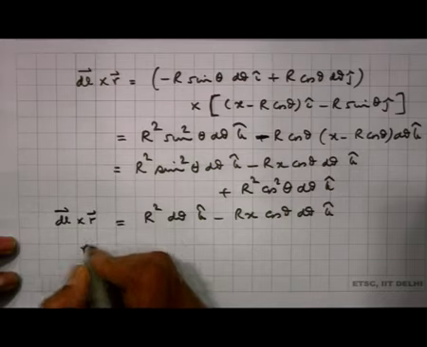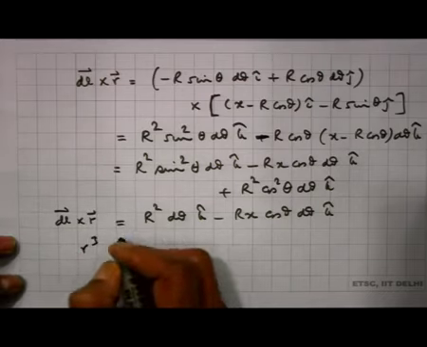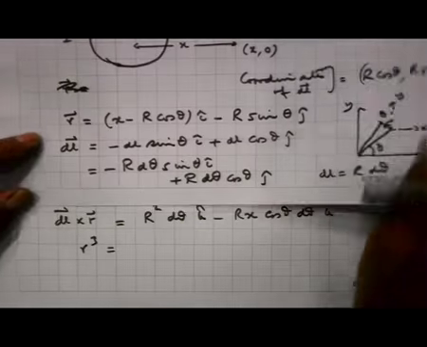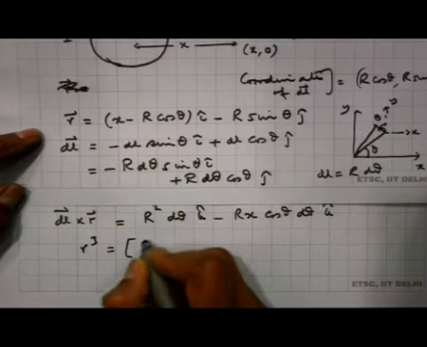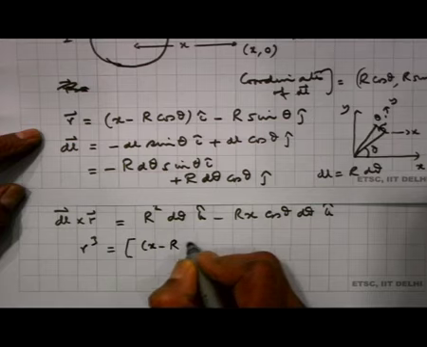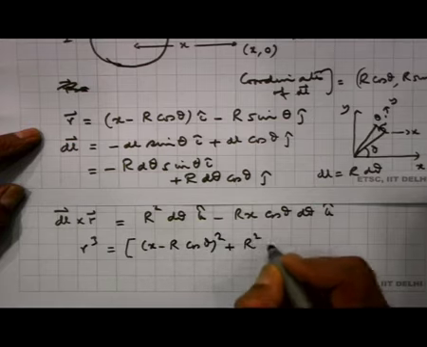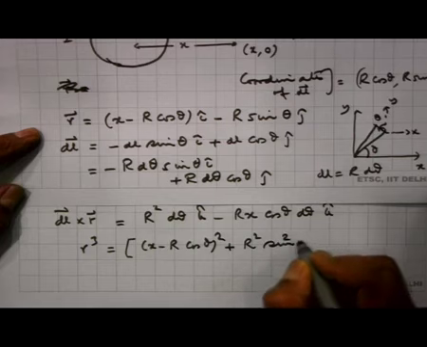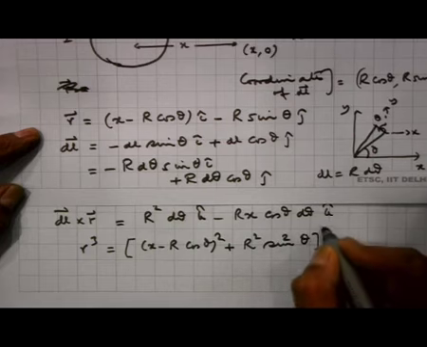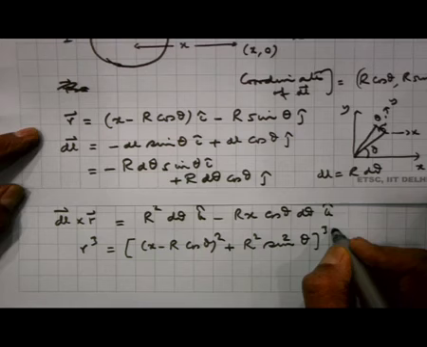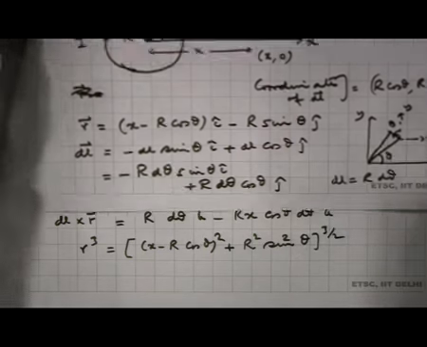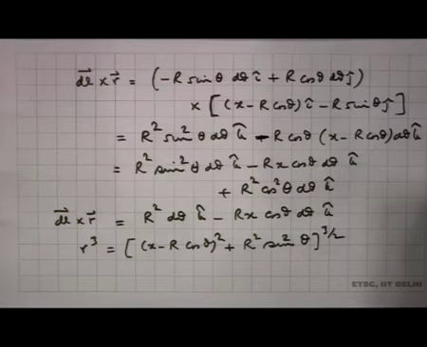I also need r cube, which is ((x minus r cos theta) whole square plus r square sin square theta) raised to the power 3 by 2. So, that is r cube.